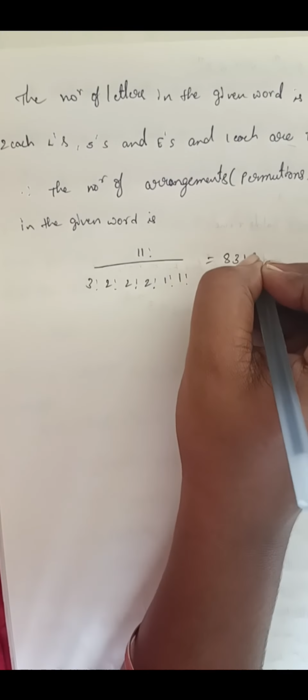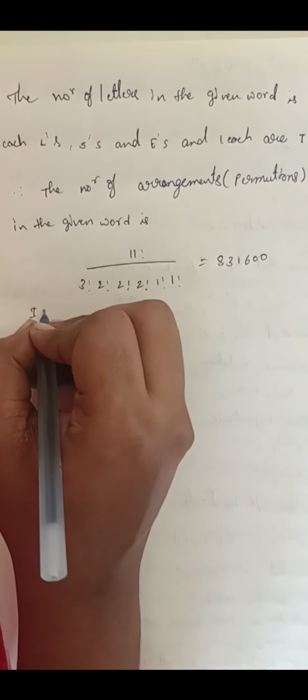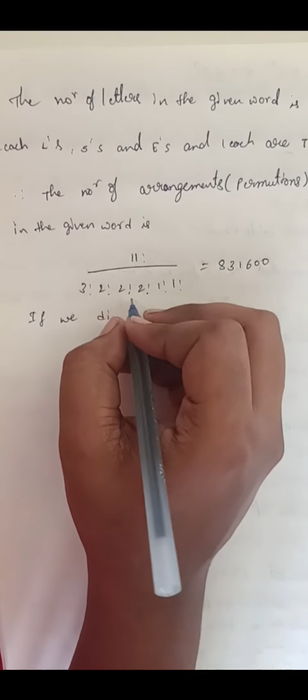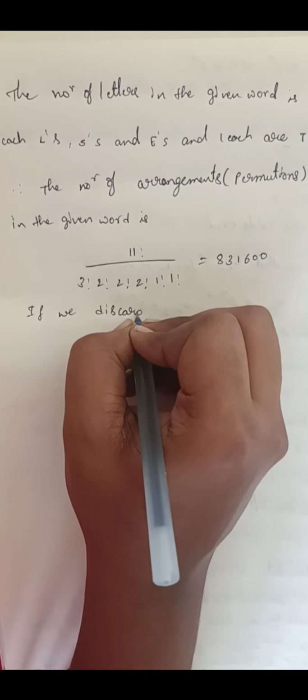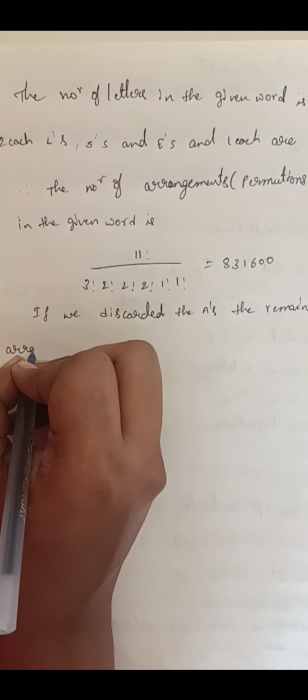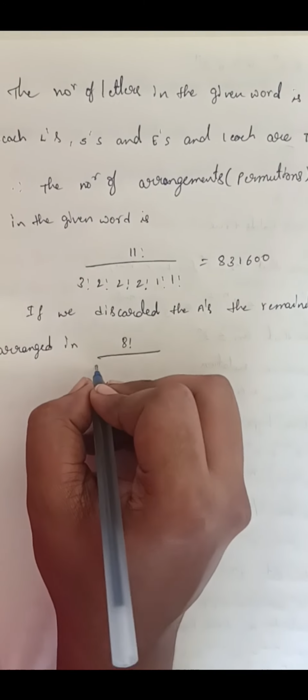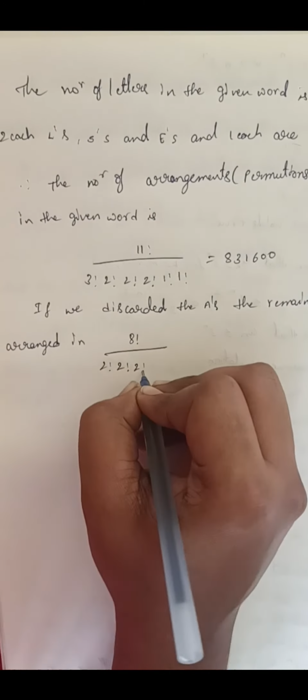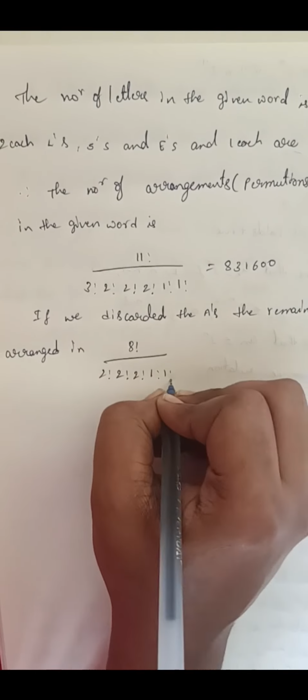Simplifying, we get 831600. If we discard the S's, the remaining 8 letters can be arranged in 8 factorial divided by 3 factorial into 2 factorial into 2 factorial into 1 factorial into 1 factorial, which is equal to 5040.